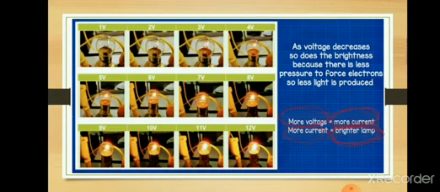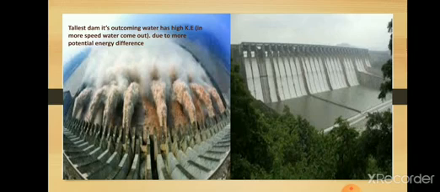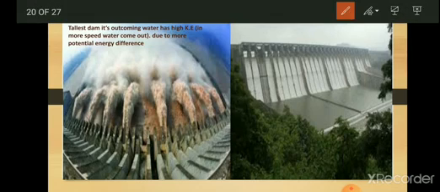Okay, students. Next, you will see another slide. Here, this is the tallest dam. This is the medium or the smallest dam. Here, in the tallest dam, the flow of water is more, as well as the kinetic energy is also more.